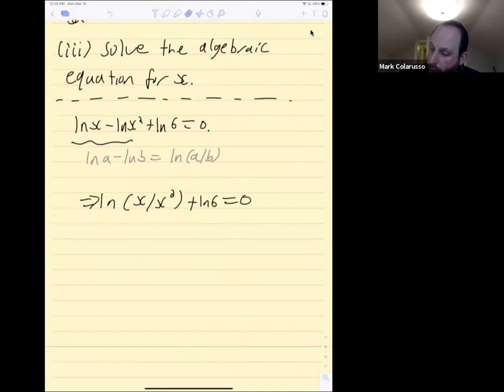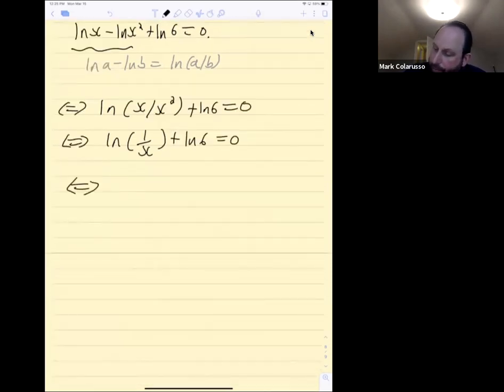That's the equation you get. Notice that you can actually do some very easy simplification, so that this is ln of 1 over x plus ln 6 equals 0.